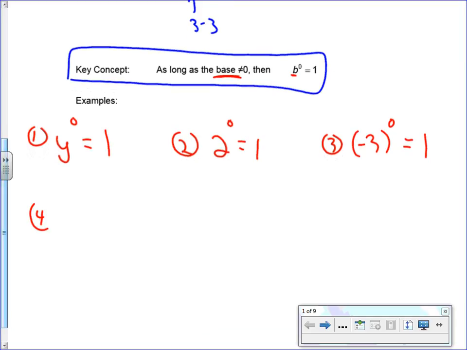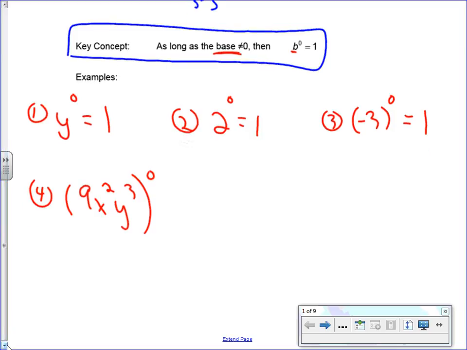Sometimes the problem is bigger, messier. It looks bigger and messier. What are all three of these things? What power are all of these things raised to?